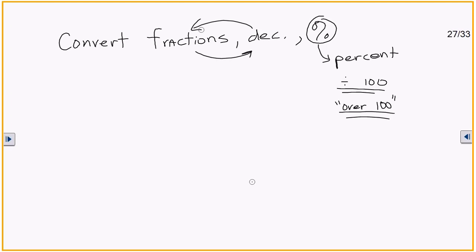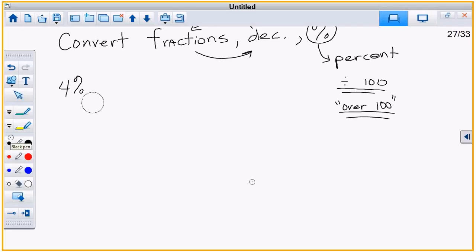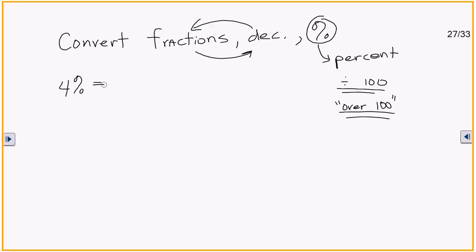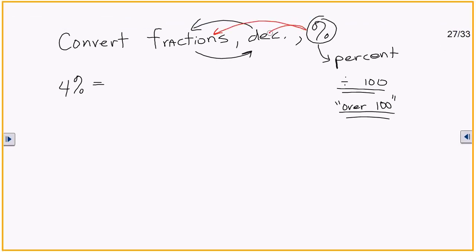Well, let's say you're given 4% in a problem. 4%, you cannot use that in a calculation, because you have to change a percent into a fraction or a decimal in order to calculate it. Now, once you get it in the form of a fraction or a decimal, you can change it pretty much into anything you want to. You can change from a fraction to a decimal and from a decimal to a fraction.